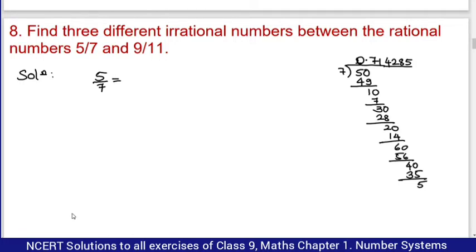Again we got a remainder which is same as the dividend. So the numbers will be repeated.